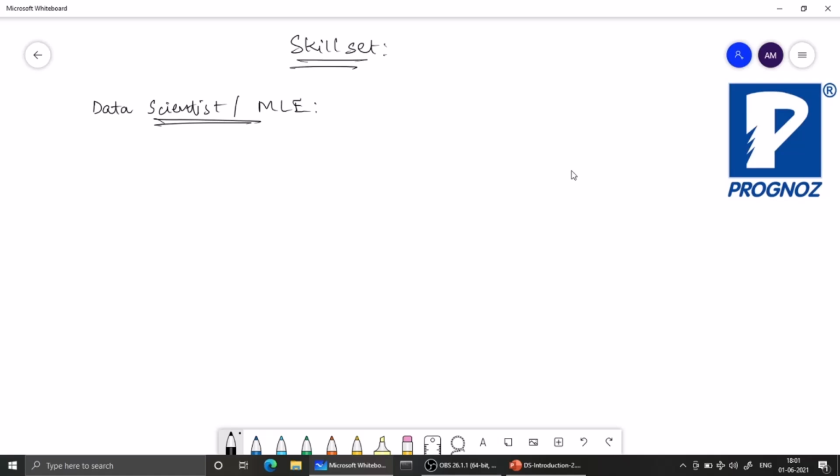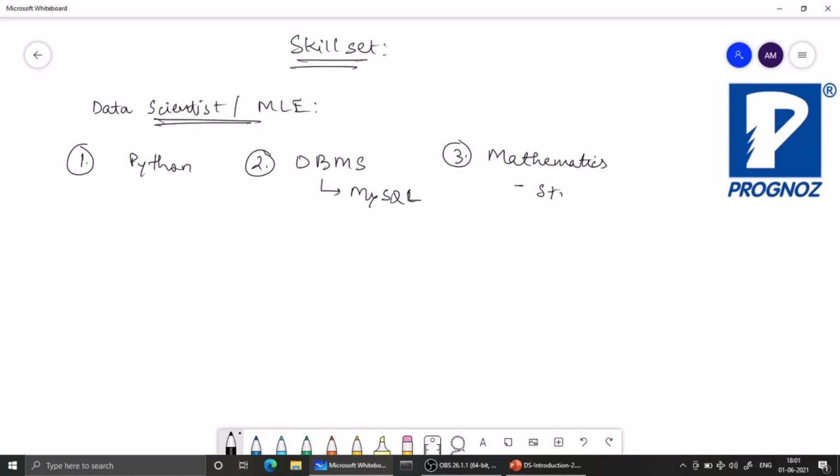For a data scientist, you need to be good with the Python programming language. You should be good with a database management system, which can be MySQL. There are other alternatives also. Then mathematics is something you should know. What all in mathematics?